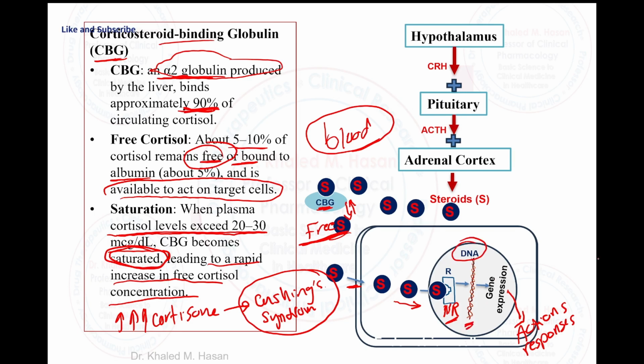The result will be gene expression, causing response and action. So this is a very important concept about the release, the mechanism of action, binding globulin, and effect on the nuclear receptor. So where is the location of the corticosteroid receptor? Available inside the cell, an intracellular receptor, the nuclear receptor.